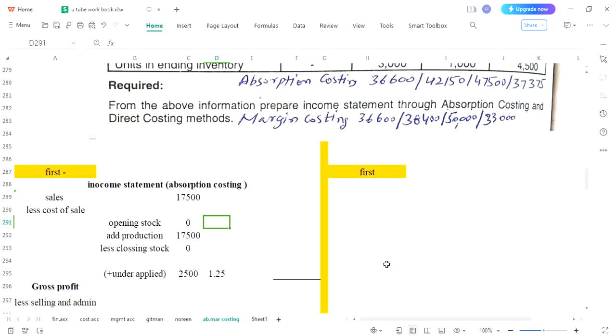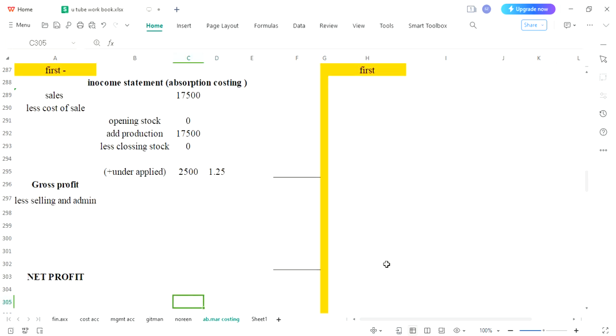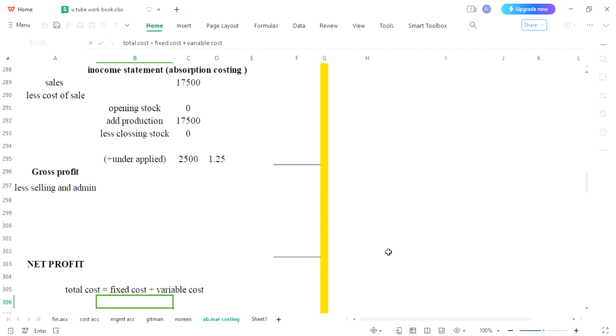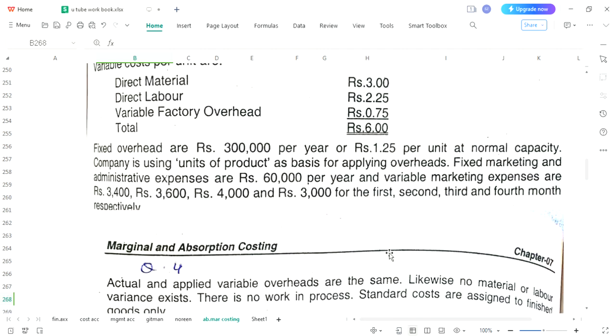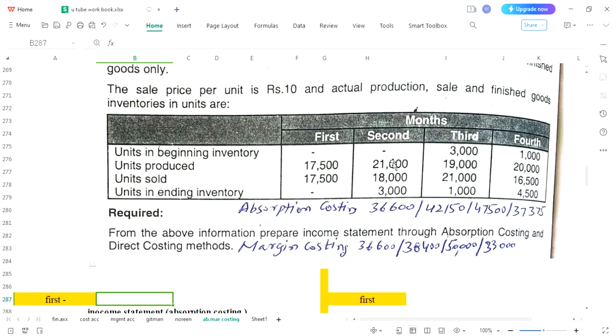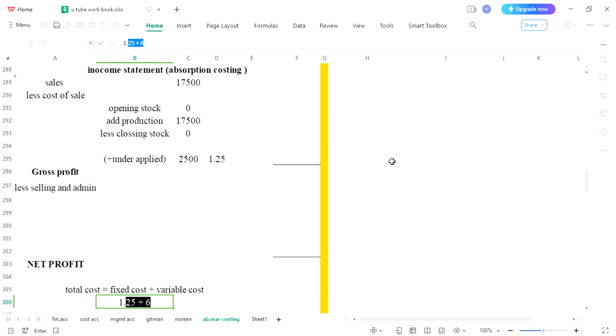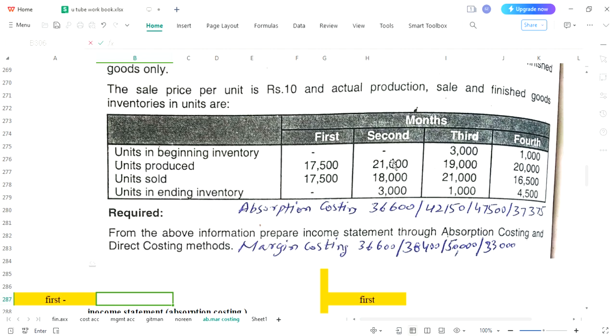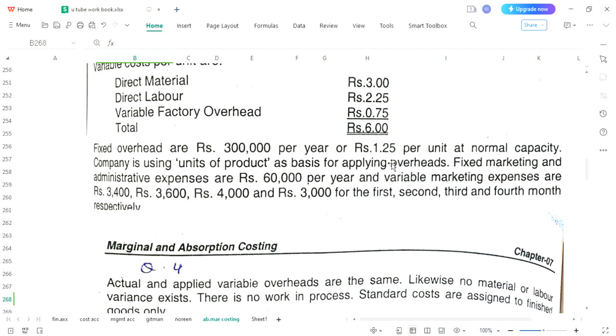As you know, we can calculate it over here. When you want to have your total cost, fixed cost and variable cost are added. Fixed cost in your question is given as 1.25, so put 1.25 over here and then you will add your variable cost, and that is 6.